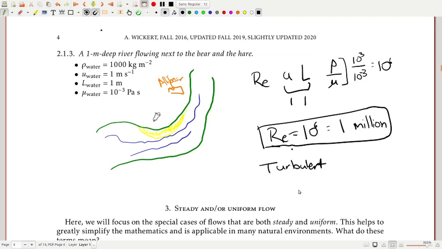And this is why, in geomorphology, we're going to be thinking primarily about turbulent flows, because natural rivers such as this are so far on the turbulent side of the Reynolds number that we don't have to think about laminar flows.